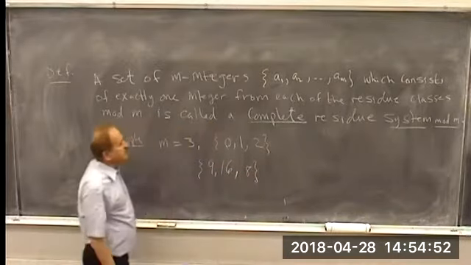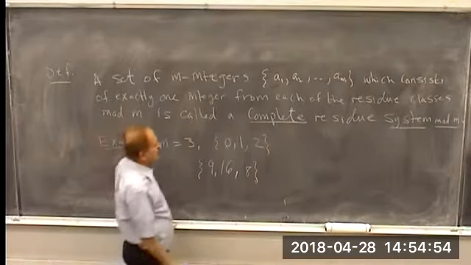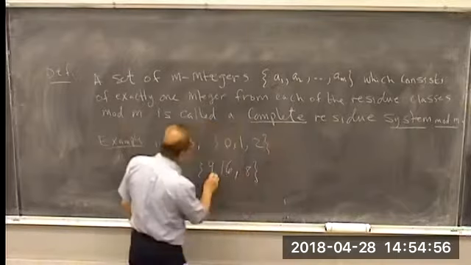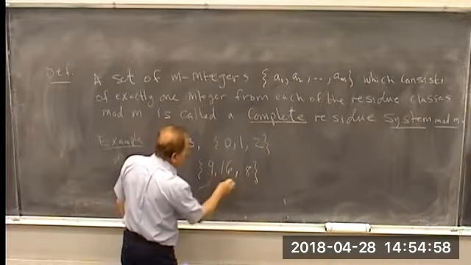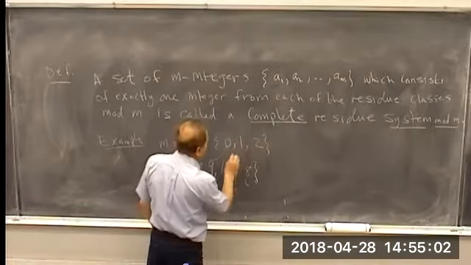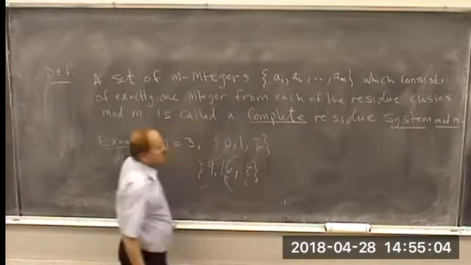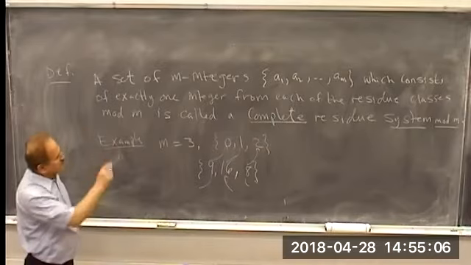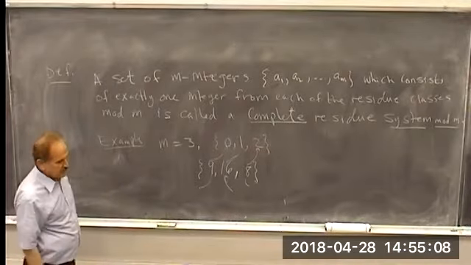This is an example of a complete residue system, because it consists of 3 elements, as you see, and each one belongs to a different residue class, running through each of the different residue classes.